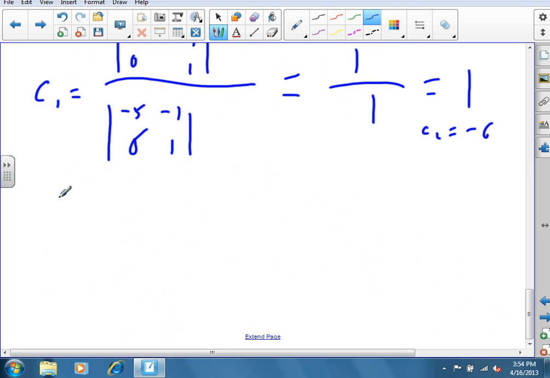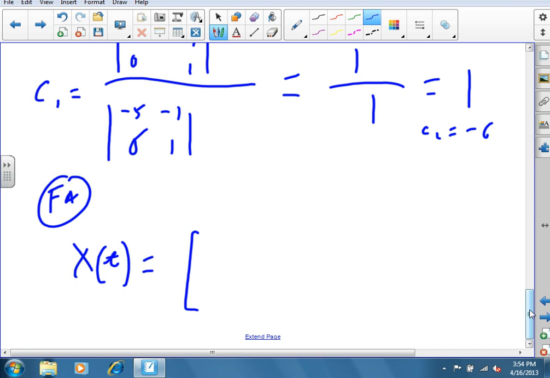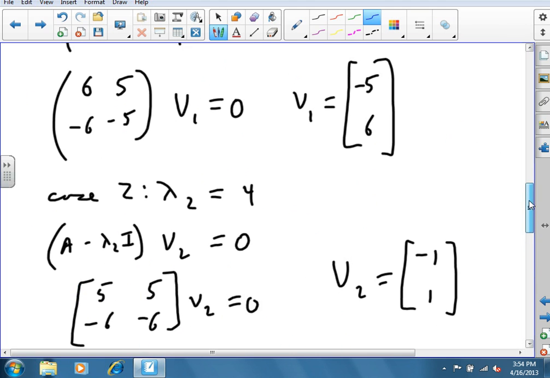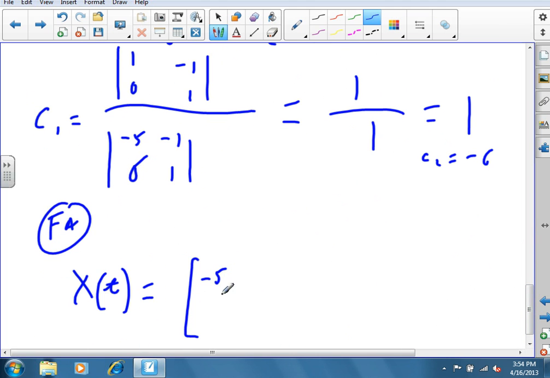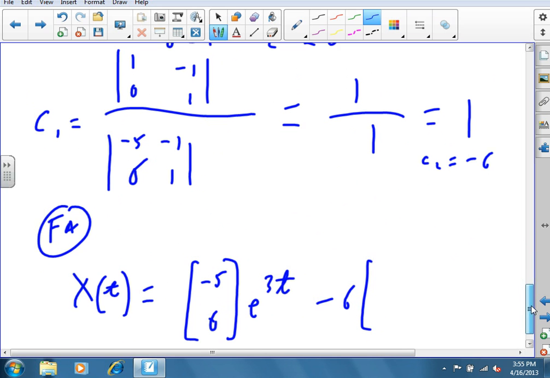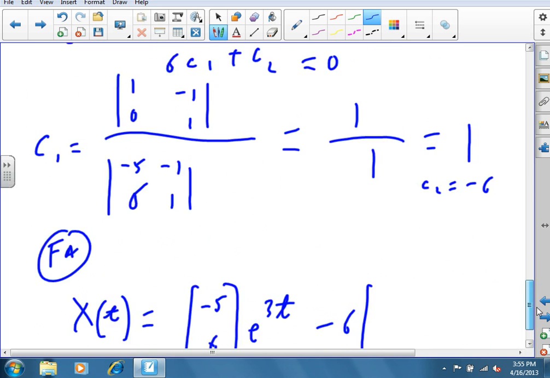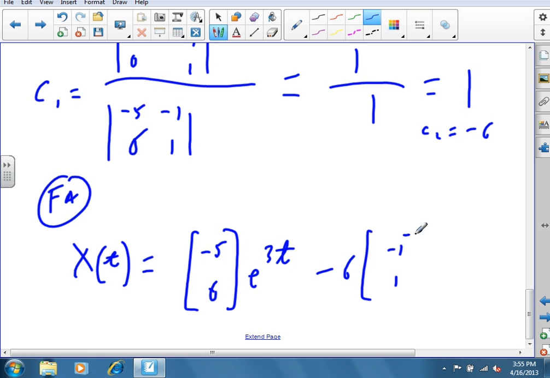Okay, so now I'm going to write down my final answer. x of t is equal to v1. Anybody remember what v1 was? Minus 5, 6, e to the 3t minus 6 times my vector minus 1, 1, e to the 4t.